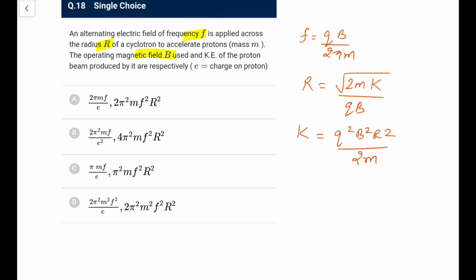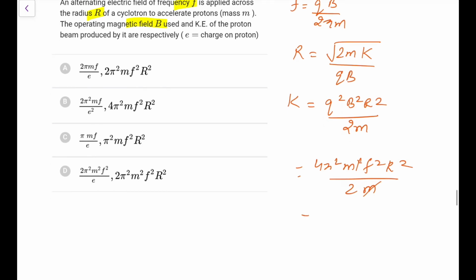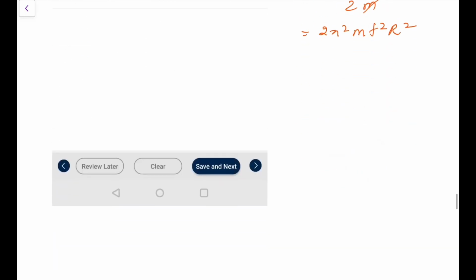This is the kinetic energy, and it is not in B terms, so for a proton, I can write qB as 2 pi m f, so 4 pi square m square f square r square by 2m. So one m goes, and we are left with 2 pi square m f square r square. So be clear. What is this coming out as? This is only one option, so go for it if this option is matching.